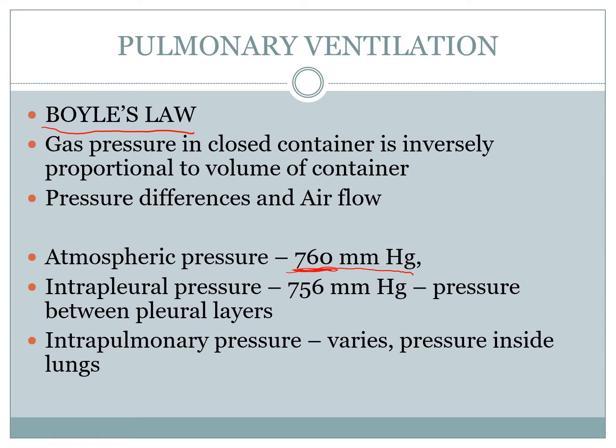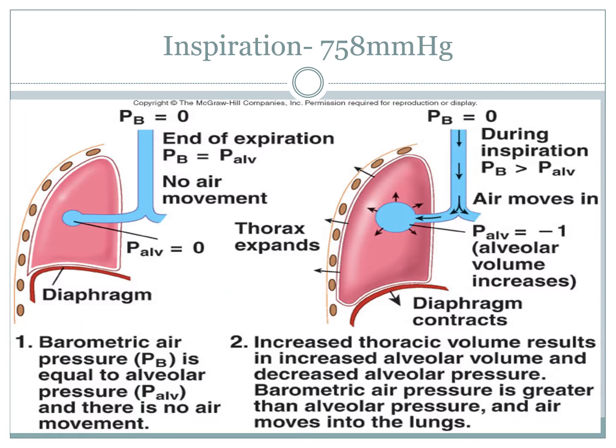Now, intrapulmonary pressure obviously varies the most as we go along, because it is the variation in intrapulmonary pressure that causes our inspiration and expiration. So firstly, let's look at inspiration, how air gets into our body basically. When we're at rest, our atmospheric pressure and alveolar pressure are equal, so there's no movement, no in and out, nothing happening at all.